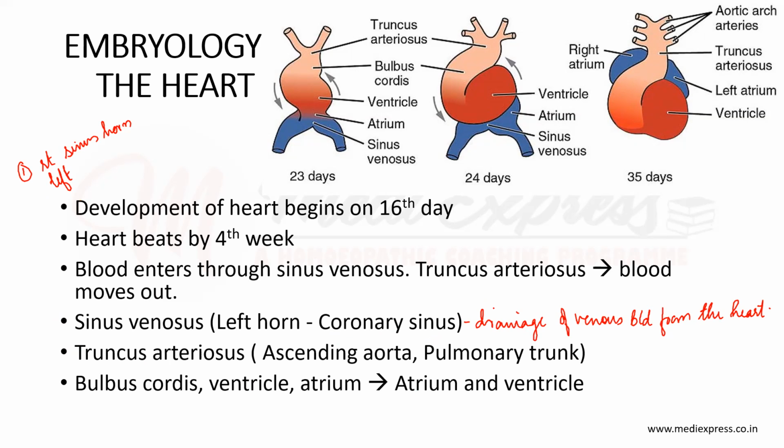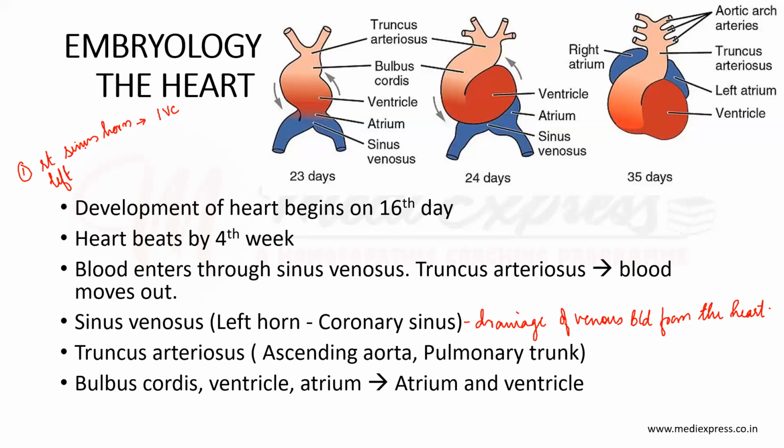Now the right sinus horn will be enlarged and it is absorbed by the growing right atrium. The enlarged right sinus horn is absorbed by the growing right atrium and eventually forms a part of the inferior vena cava in the adult. So this is the fate of the left sinus horn and the right sinus horn.